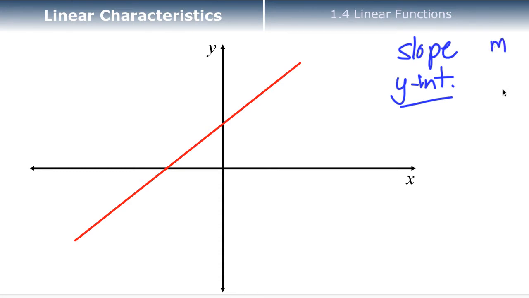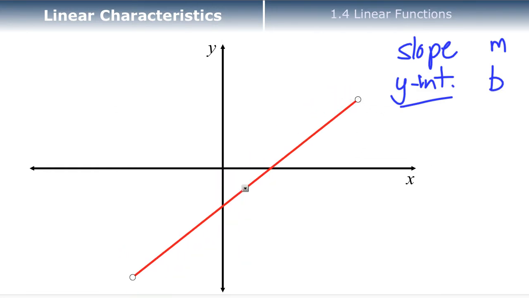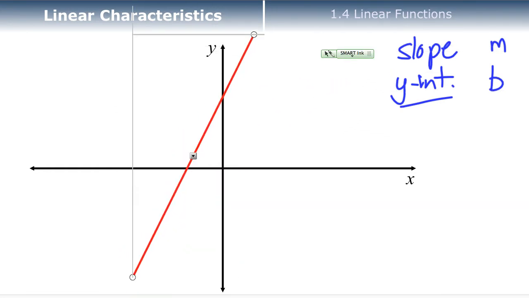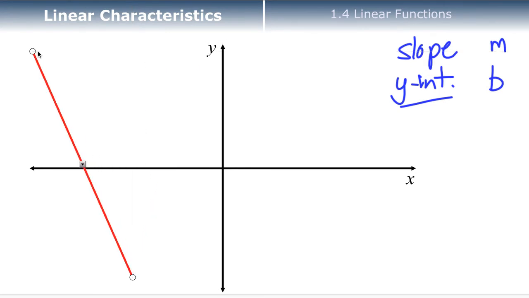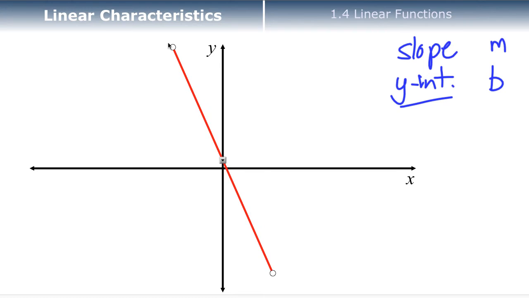For slope we use M, and for y-intercept we use the letter B. It doesn't matter where your line is, or if I change it and maybe it's got a higher slope, or maybe it's got a negative slope. I can describe any line based on what its slope is and what its y-intercept is.